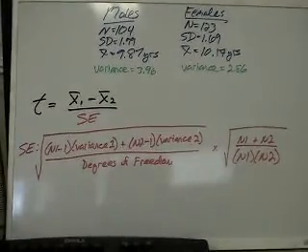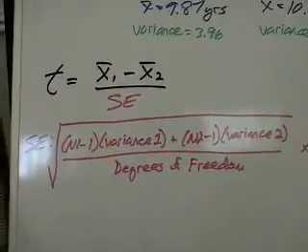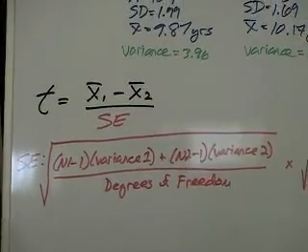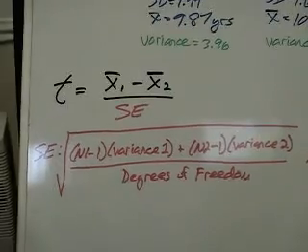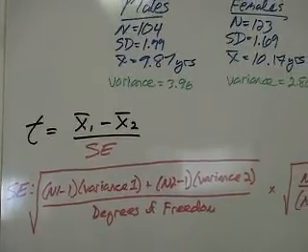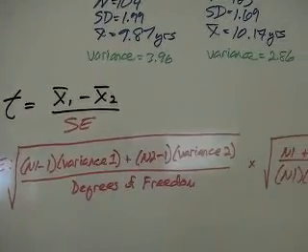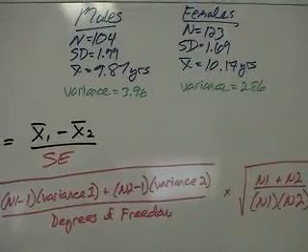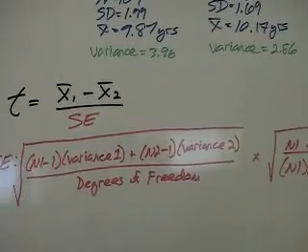Okay, so here's your long formula for the standard error. All right, I'm going to zoom in on this. You take your N1, or your sample size for your first group, which would be 104 minus 1, so that ends up being 103, times variance 1, the variance for that first group. So you take 103 times 3.96, and then add your sample size N2 minus 1, so that ends up being 122, times the variance for that group, or 2.86.